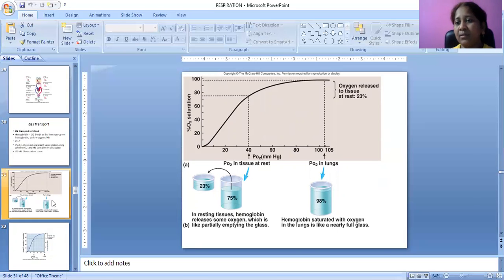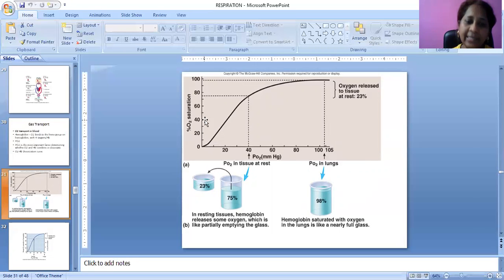This is shown in this graph. If the oxygen dissociation curve moves to the right side, that will be called the Bohr effect.